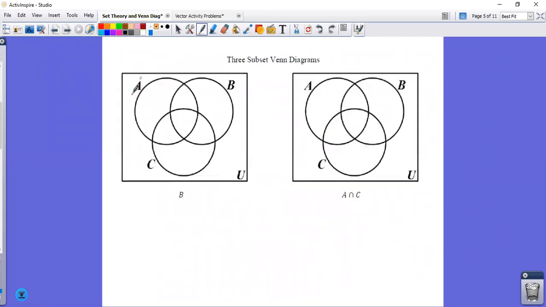All right, so then we start getting into three subsets, and that's three circles. So there ends up being 1, 2, 3, 4, 5, 6, 7, 8 areas that you could end up shading in. So again, if you're just doing B, you would do all 4 areas that B is part of. So anything in those 4 is part of the set B. A intersect C is where A and C are both.